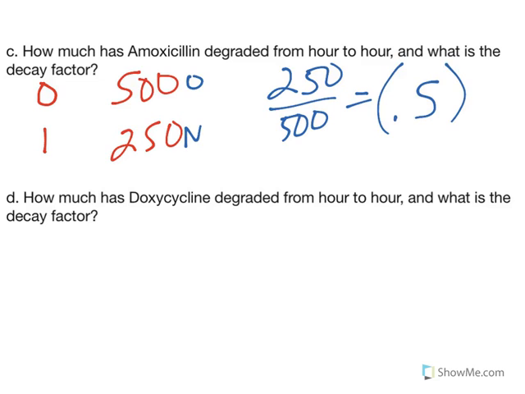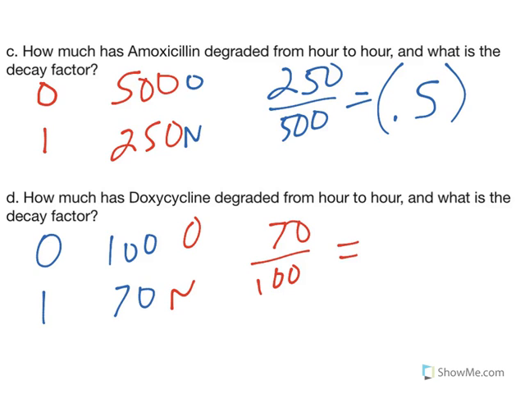So my decay factor is 0.5. Now, when you look at how much doxycycline has degraded, when it was 0, we were at 100, and at 1, we're at 70. So new over old, I get a decay factor of 0.7.